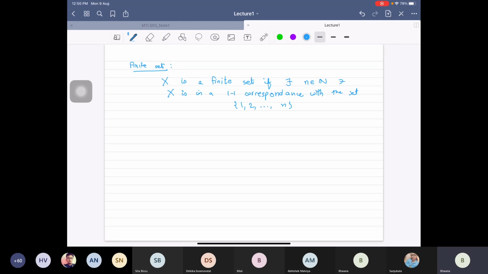One-to-one correspondence is actually a bijective map, that means a map which is both one-one and onto. I think this one you should know.